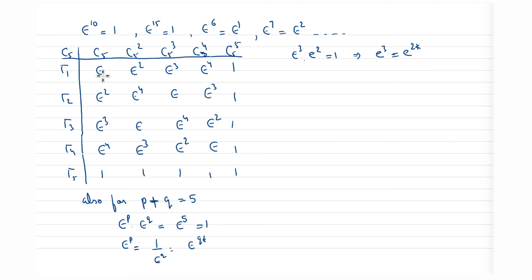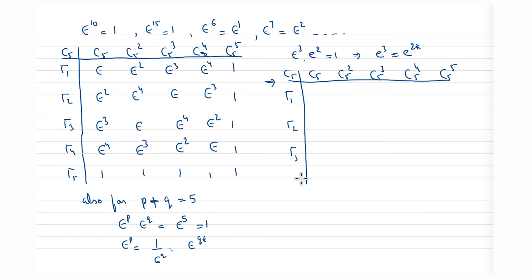So now again I can reduce this to the following. So now if I see here that this is epsilon, epsilon remains as epsilon, epsilon 2 remains as epsilon 2, epsilon cube now can be written as epsilon 2 conjugate, right? 2 star. Similarly, epsilon 4 can be written as epsilon conjugate, and this is 1. So now cube is written like this, and epsilon to the power 4 can be written like this.